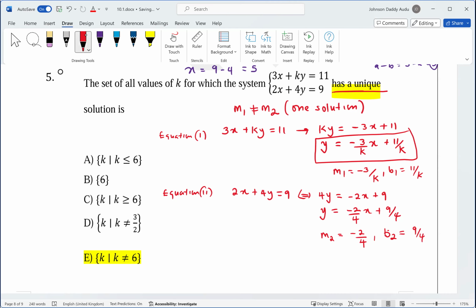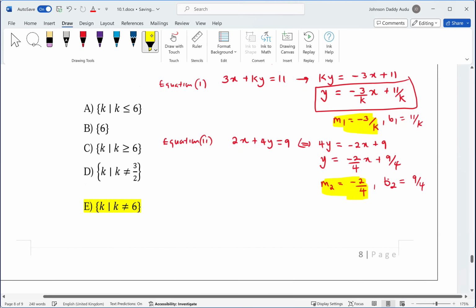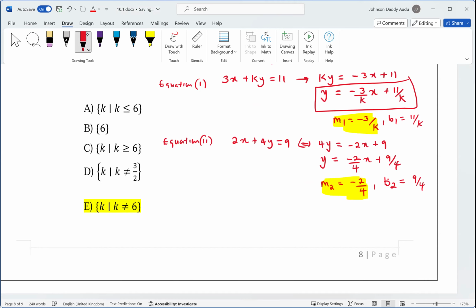But we know what we need is just this one and this one. M1 should not be equal to M2. Why? Because we are dealing with one solution. So we have M1 not equal to M2.